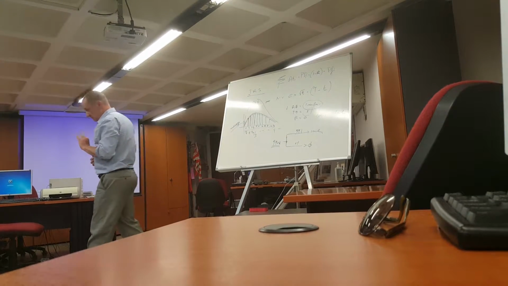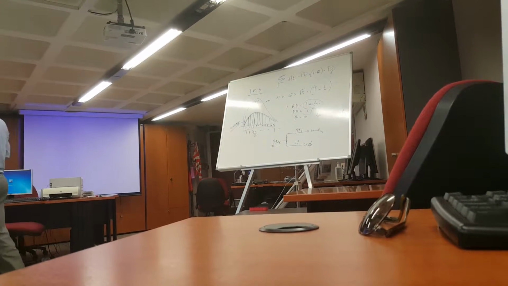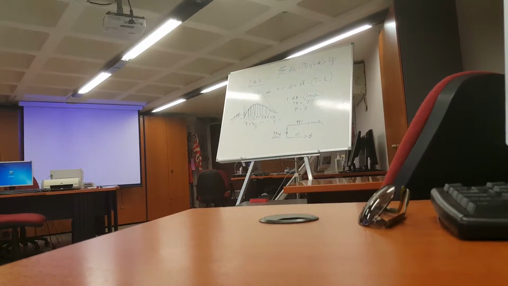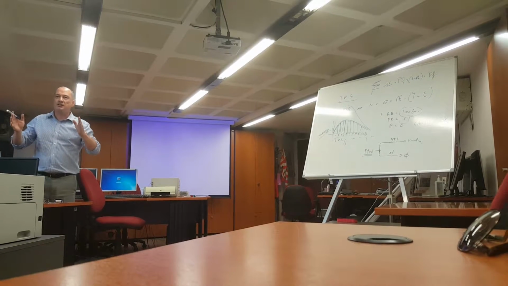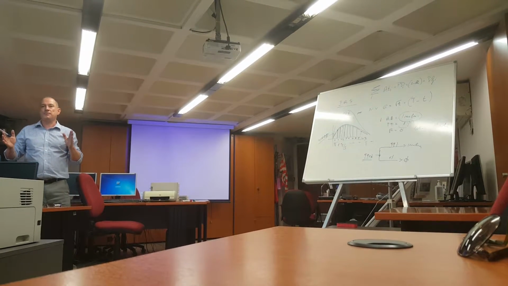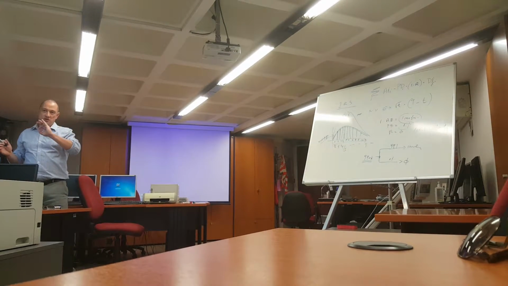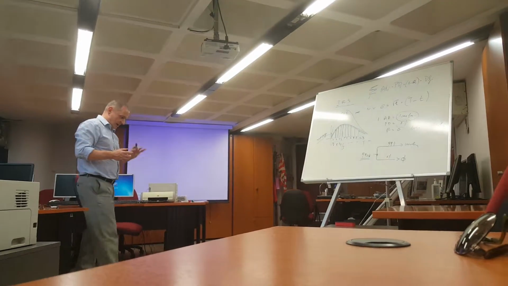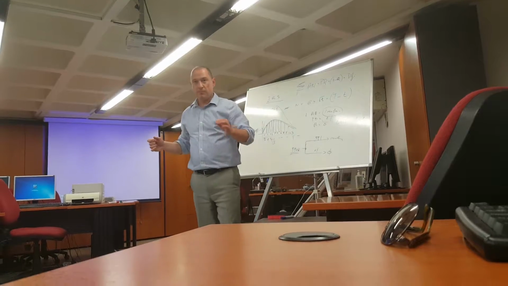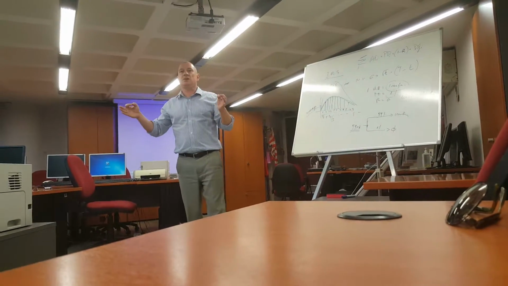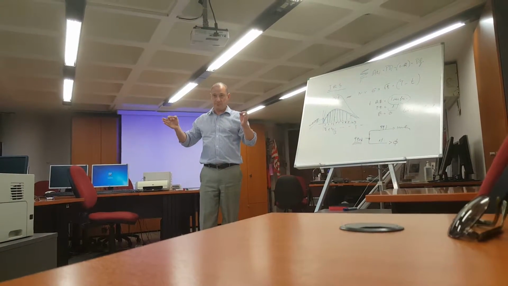Now, question. Is it just a straight calculation of the average of the distribution? Imagine if I have a derivative that can take on two values, plus 100 and minus 100. Okay?